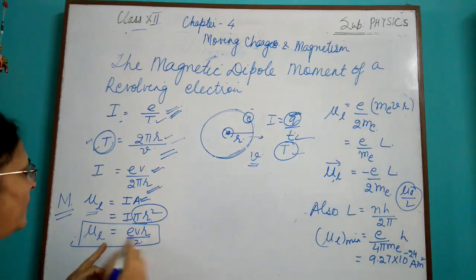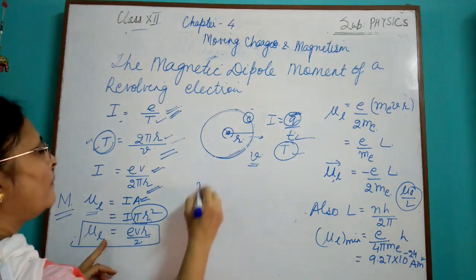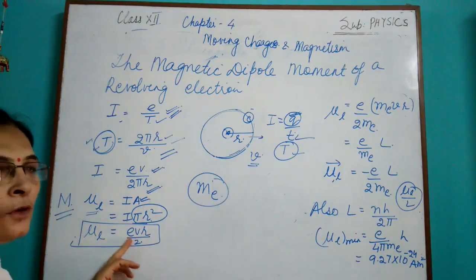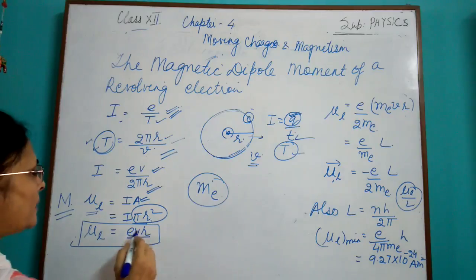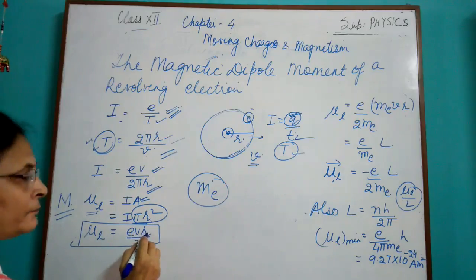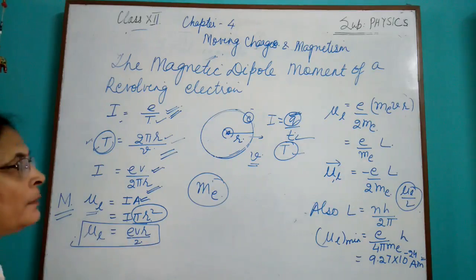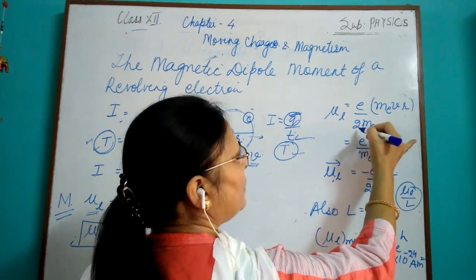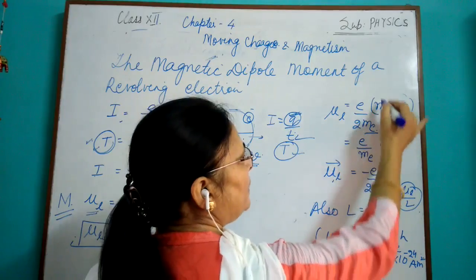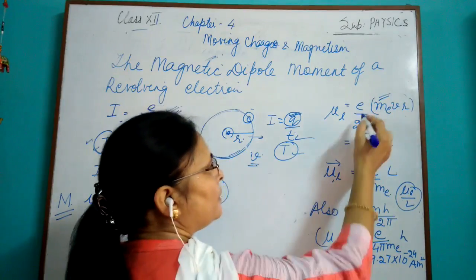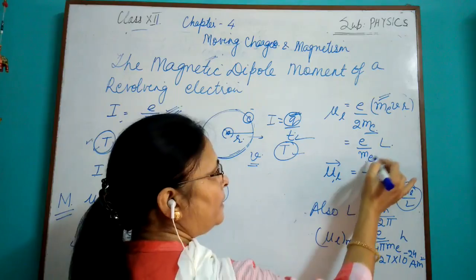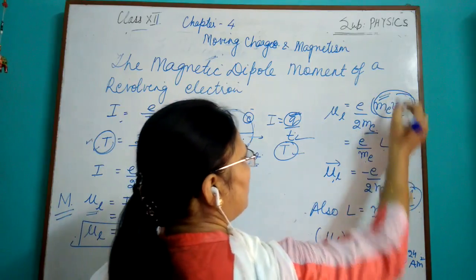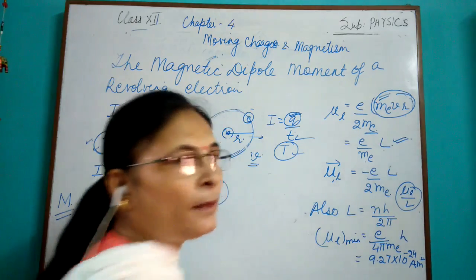Multiply and divide this expression by m e, because I want to write it in terms of angular momentum, since angular momentum is m v r. So I multiply and divide this expression by m e. I'll get mu L is equal to e upon 2 m e, multiplied by m e v r, so e upon 2 m e, capital L. This is angular momentum.